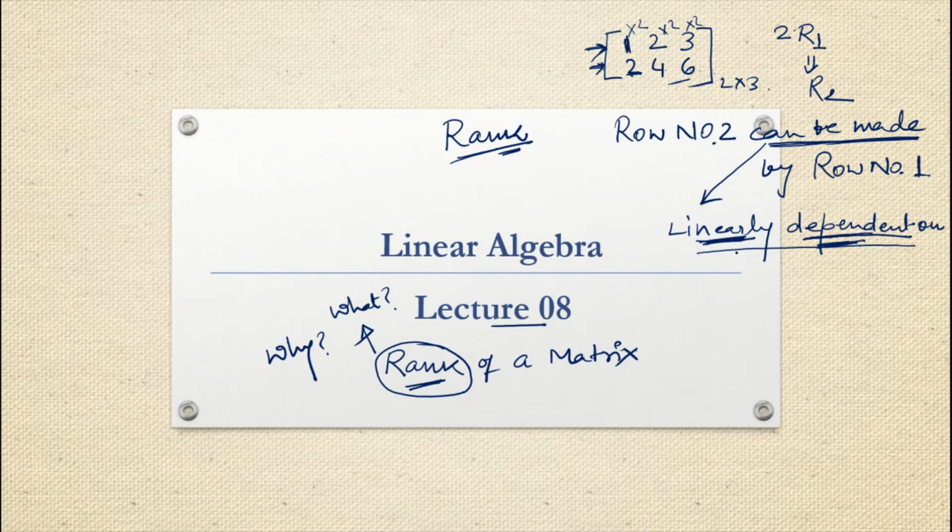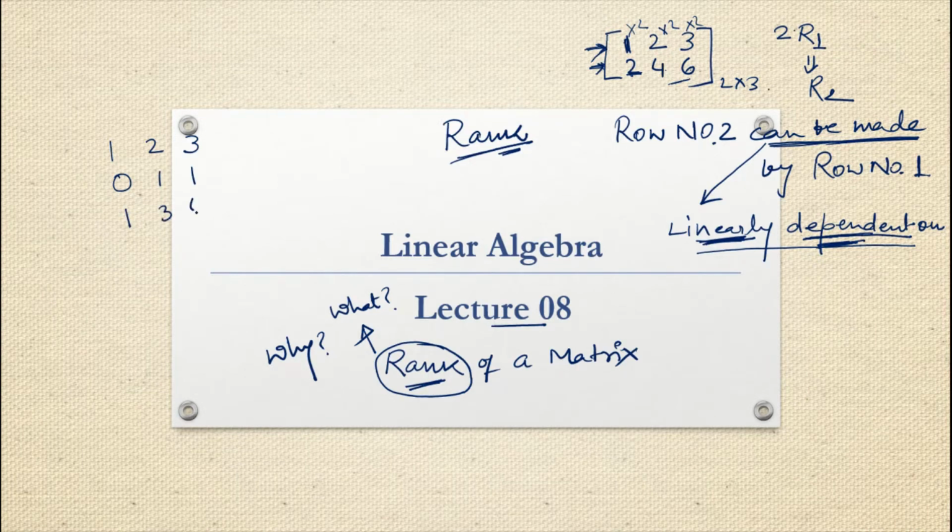So rank says that if in a matrix one row can be made from another row, that is not acceptable. We say that rank is the maximal number of linearly independent rows. If I give another example, suppose one matrix contains again 1, 2, 3, the second row is 0, 1, 1, and the third row contains 1, 3, 4.